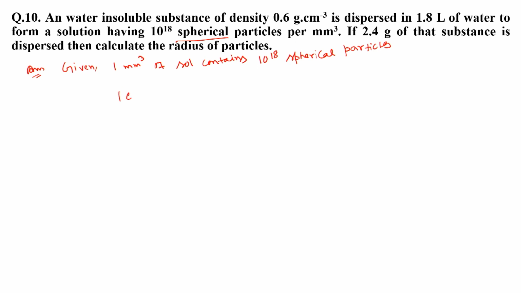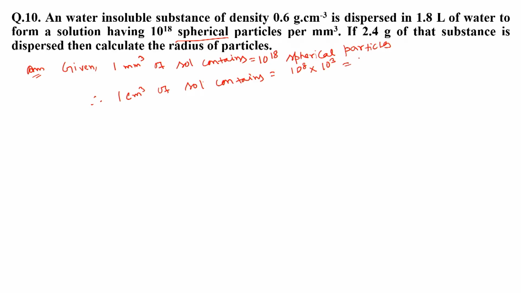Therefore, 1 centimeter cube of sol contains 10 to the 18 times 10 to the 3, right? If we convert millimeter cube to centimeter cube, we get 10 to the 3 factor here.